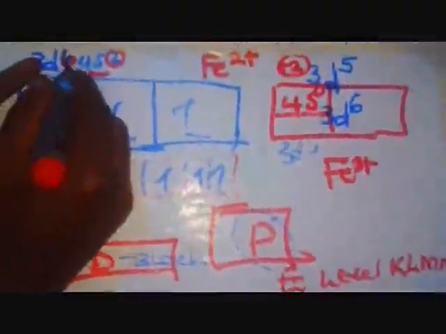Now, if it is going to become iron 3, it means one of the electrons from 3d is going to be used. So iron 3, you are using 3 electrons. How? The 2 electrons from 4s, then 1 electron from the 3d. This implies that our iron 3 is going to be with 3d5.